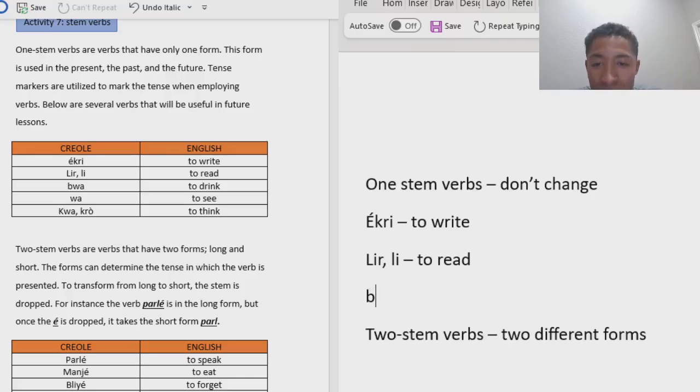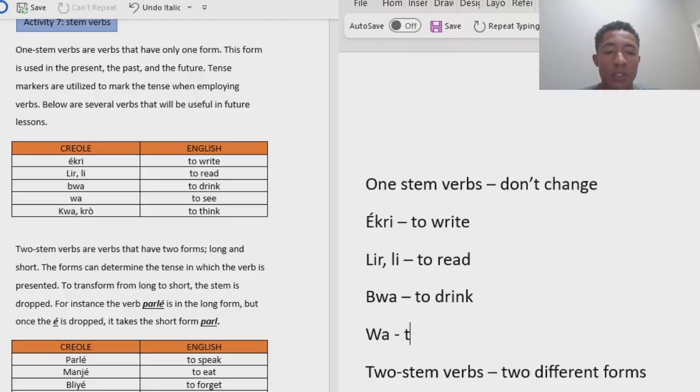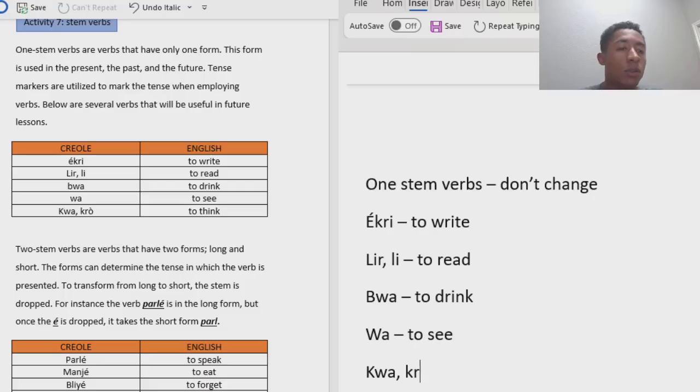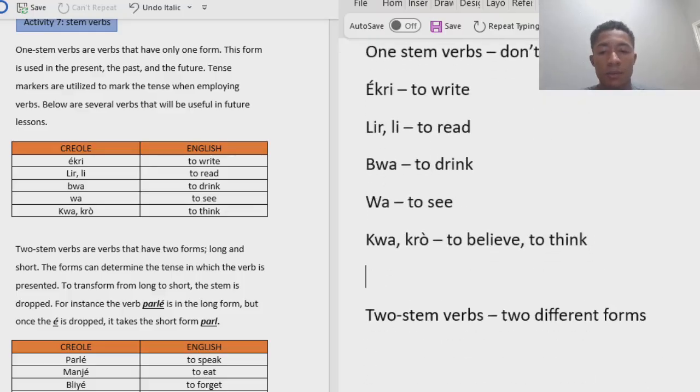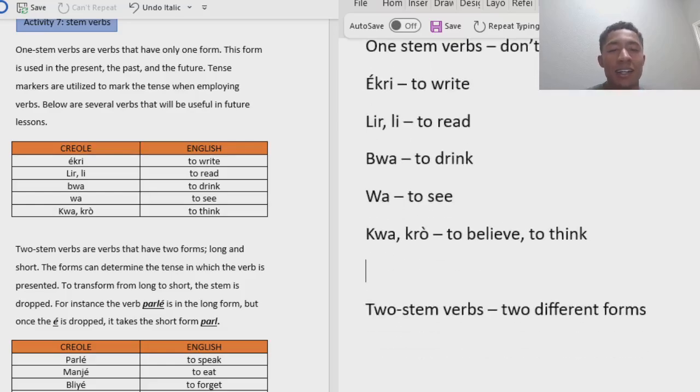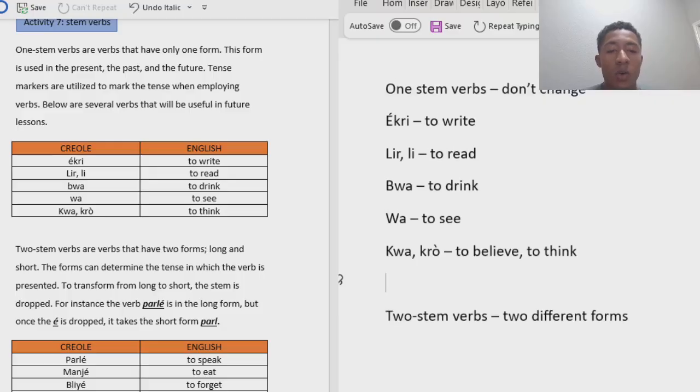You have boire, which is to drink, voir, which is to see, and croire, or even cro, mo cro, which is to believe or to think. Écrit, lire, boire, voir, croire.